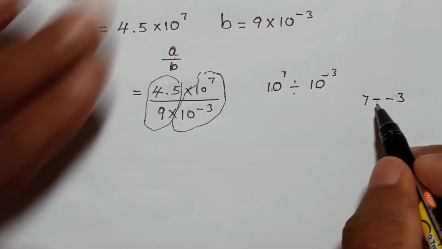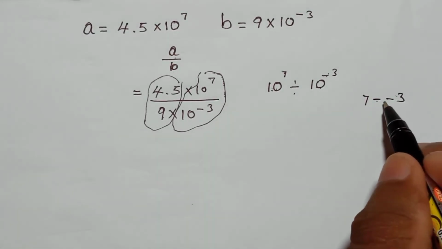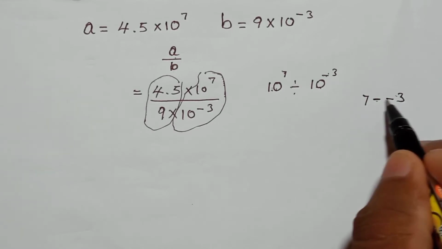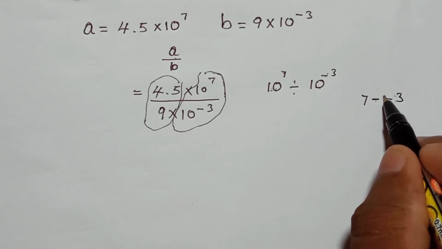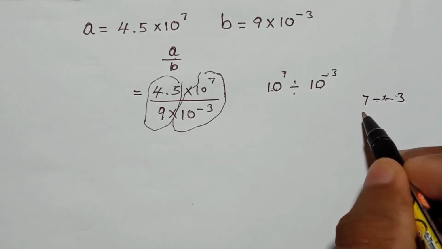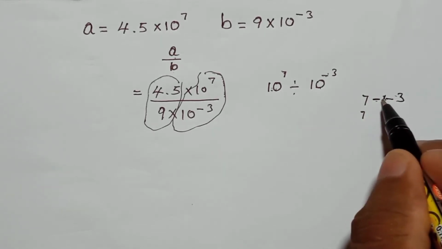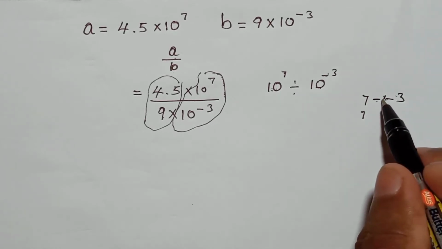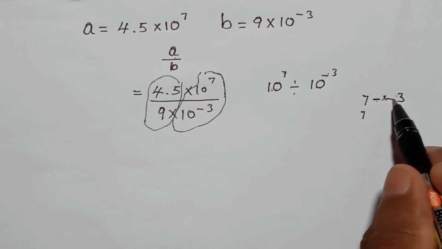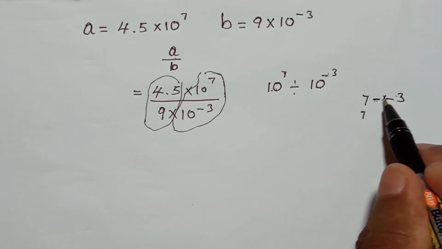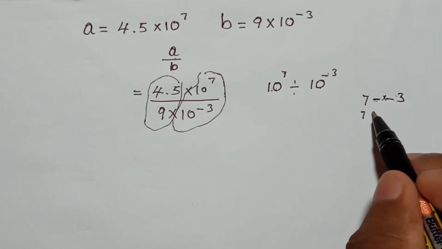Now when you have two signs, we can make it one sign. Between the two signs we have multiplication. So first of all make these two signs into one. When you multiply minus into minus, if you have the same sign, we normally put plus.